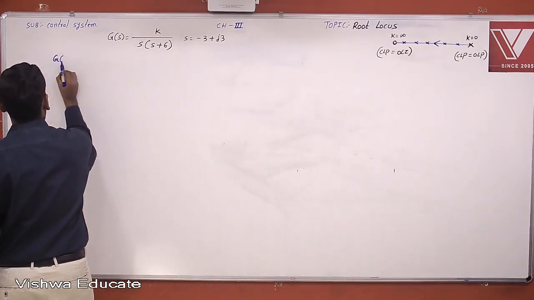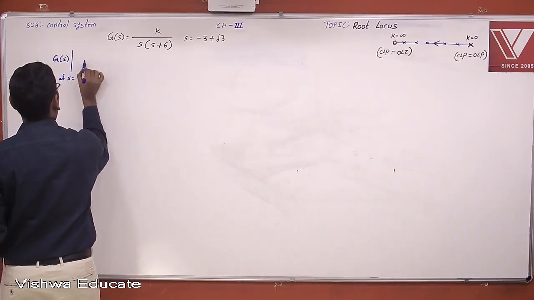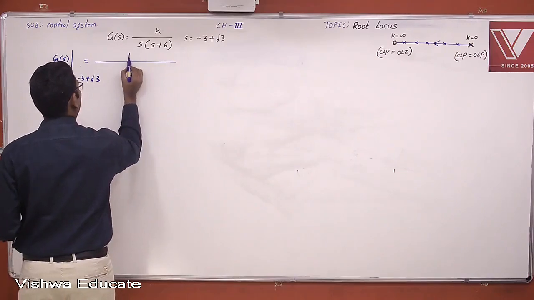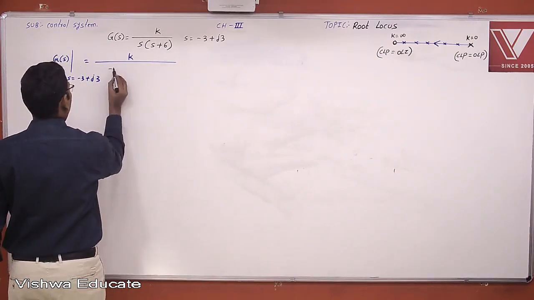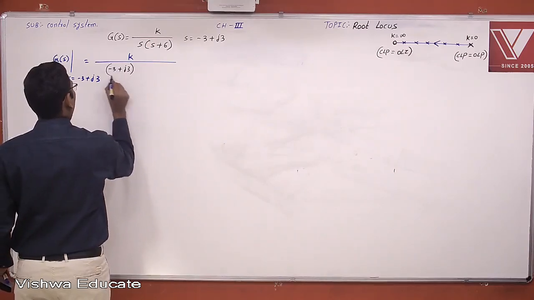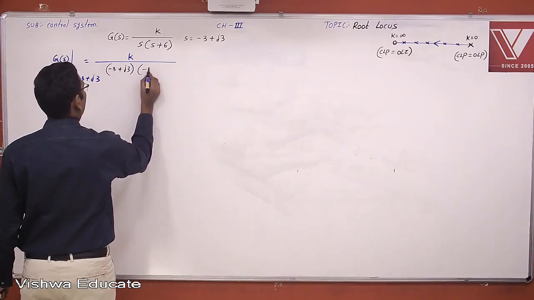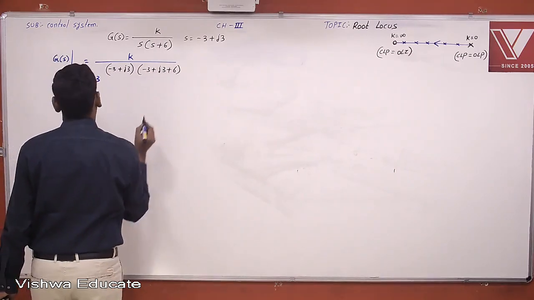Now G of S at S equal to minus 3 plus j3 is nothing but K divided by minus 3 plus j3 into minus 3 plus j3 plus 6.